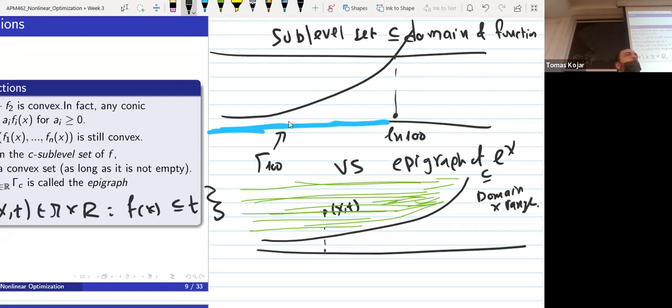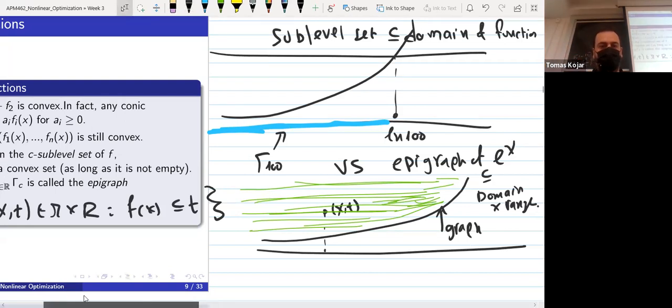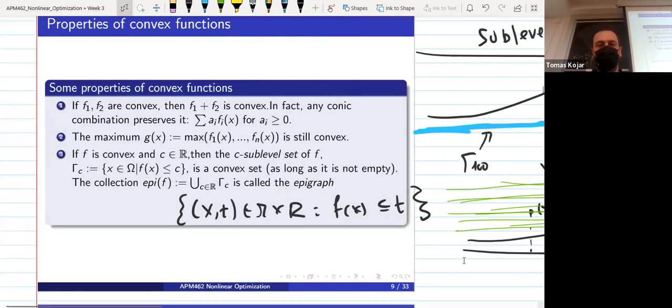Does that make sense? Questions? Isn't that just a graph? No, no, the graph is the line. So you look at everything above the graph. Is that okay? So everything above the graph. Okay, good. And this guy is also convex.